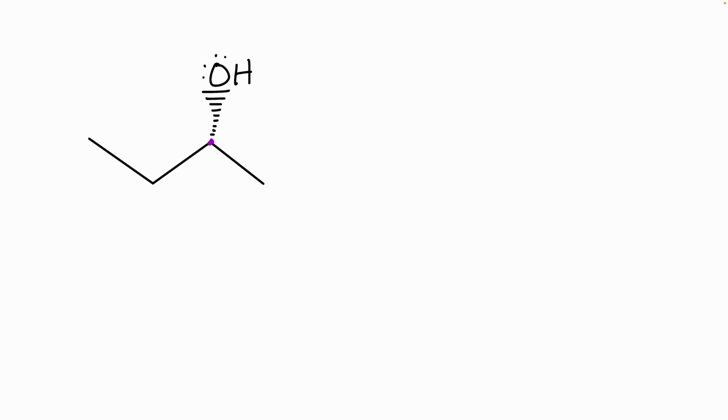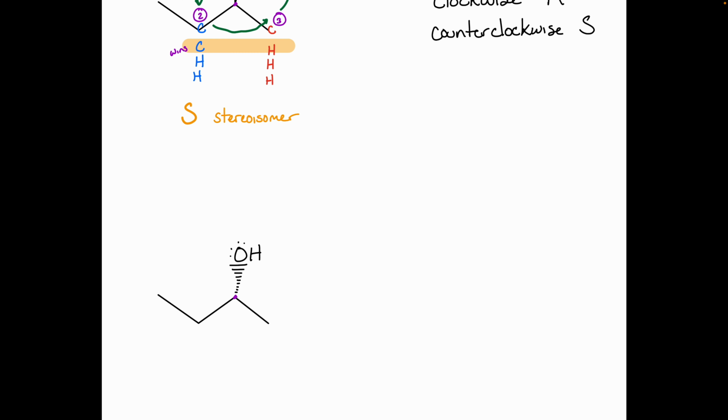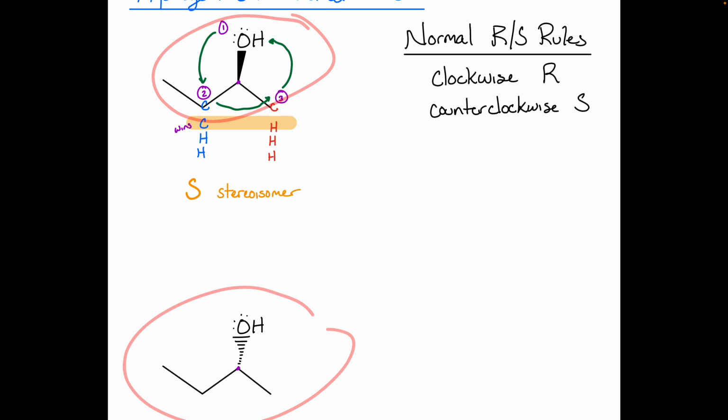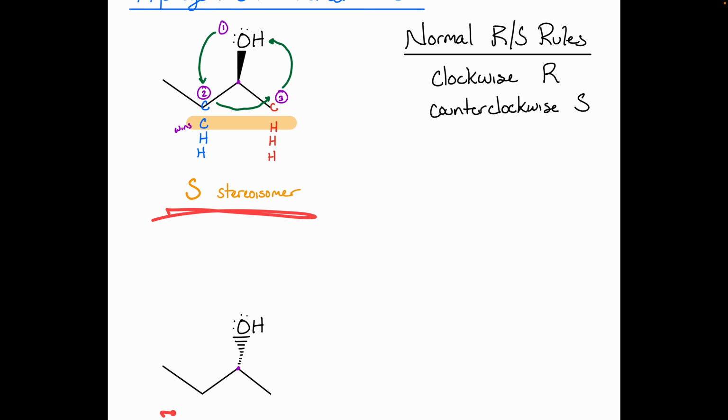So speed record, which stereoisomer am I looking at here? The R. How did we know it was the R? Because I used one of my methods for drawing an enantiomer pair, right? All I did was swap my wedged bond for a dashed bond. So these two have to be a pair of enantiomers, which means if this one's S, this one down here has to be R. Okay, great.